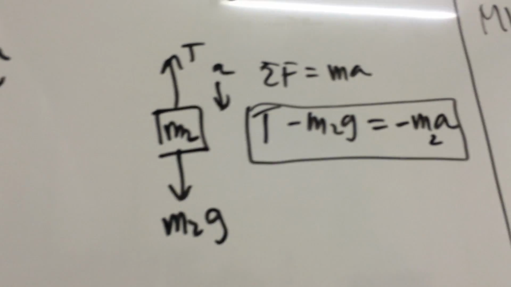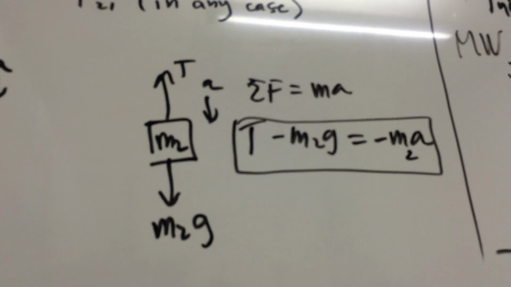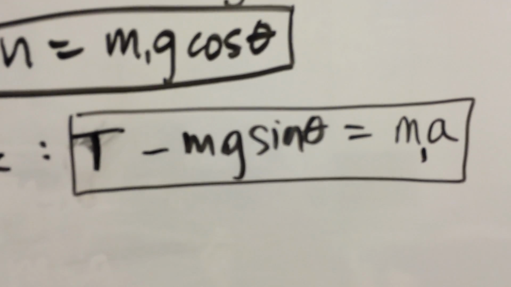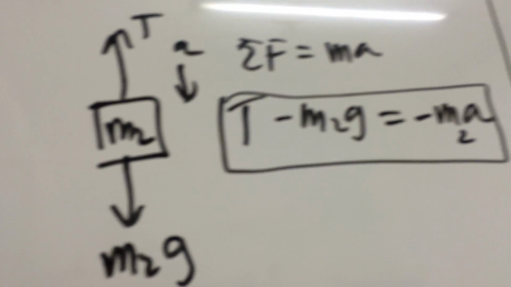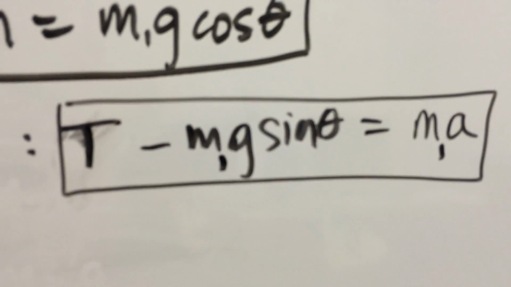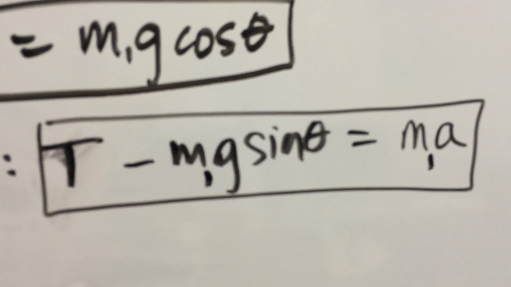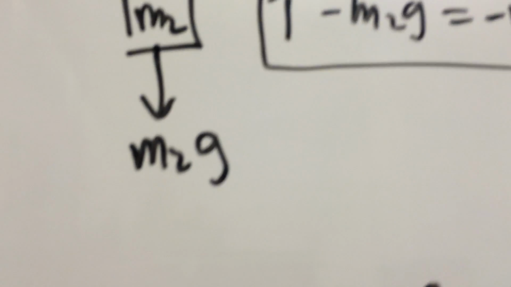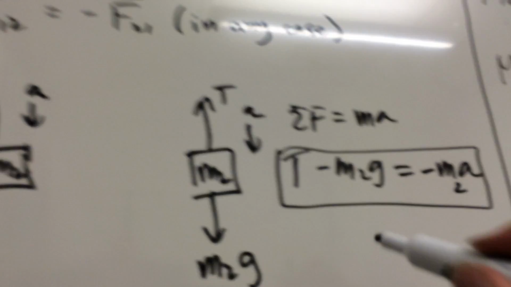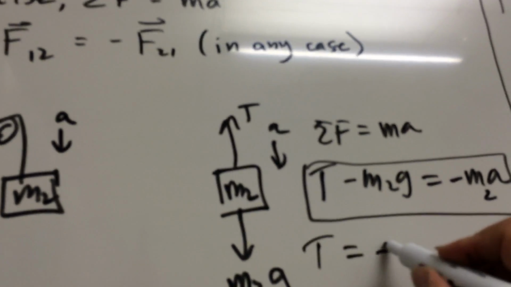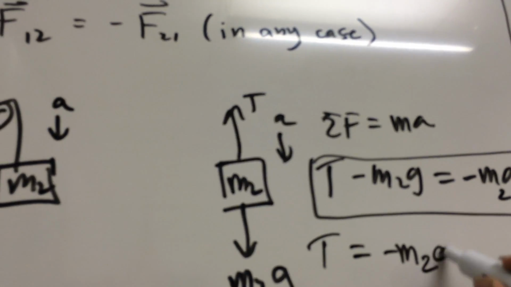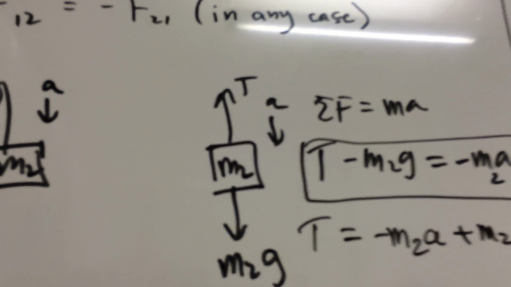So we have T minus m2g is equal to minus m2a, and we also have T minus m1g sine theta is equal to m1a. Again, you have two equations and two unknowns. You have the normal force one, but we'll forego that for the moment. I'll solve the first one for T. So T is equal to minus m2a plus m2g.